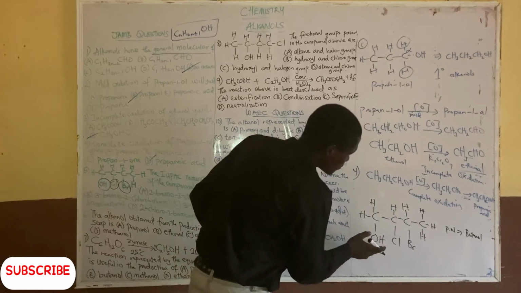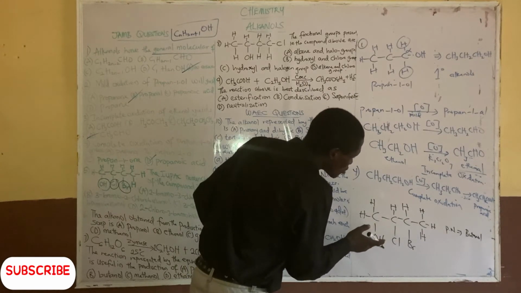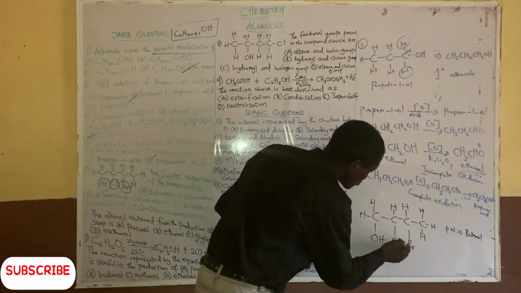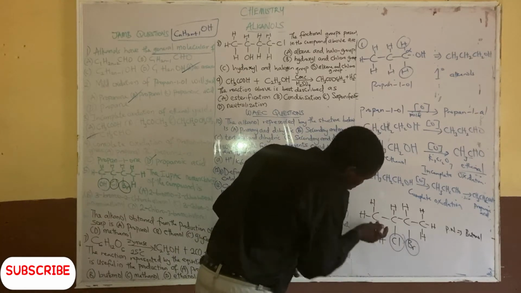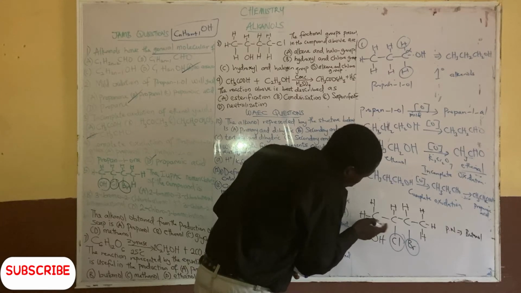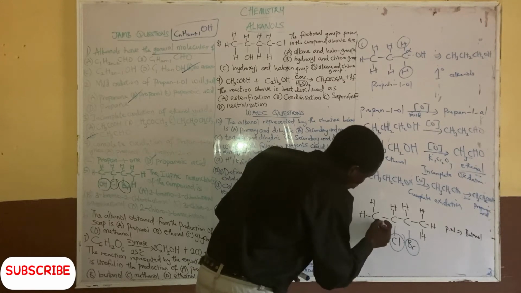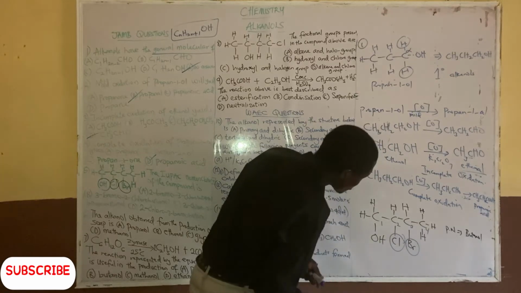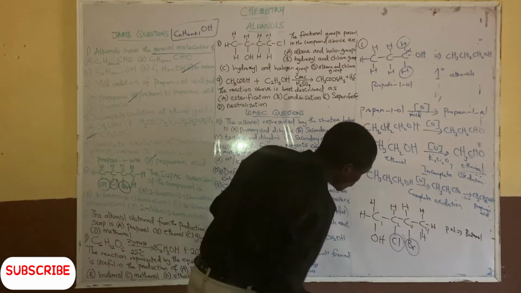Now, you try to count the substituents. Number the substituents in such a way that they have the least numbering. You start numbering from here, because this is where the functional group is. This will be 1, 2, 3, and then 4. Chloro falls on number 2, and bromo falls on number 3.